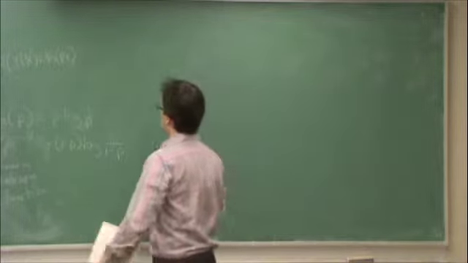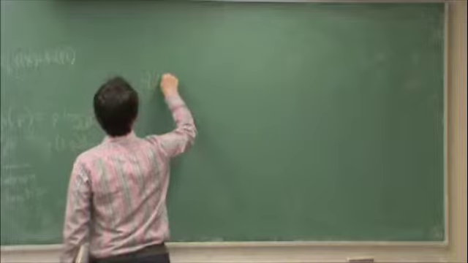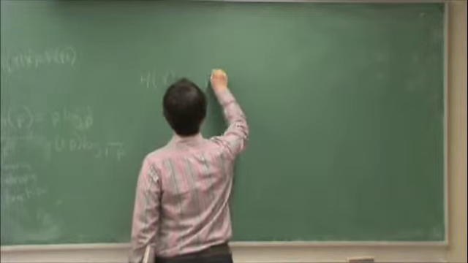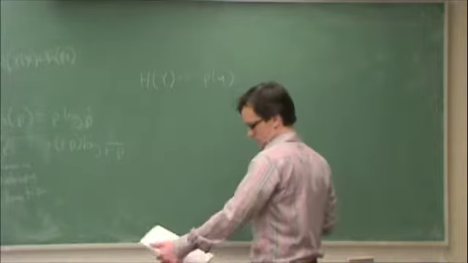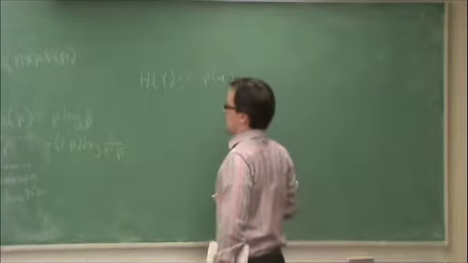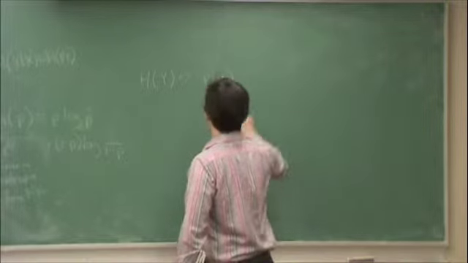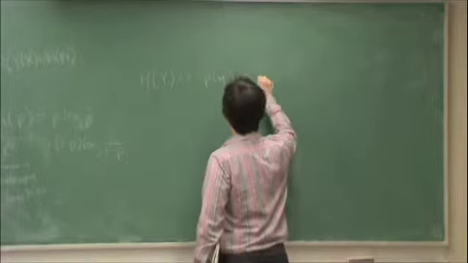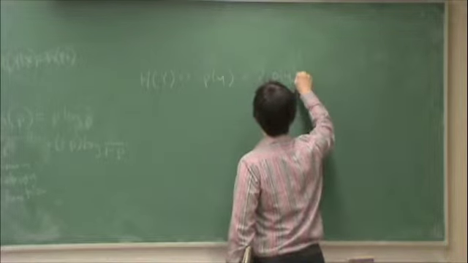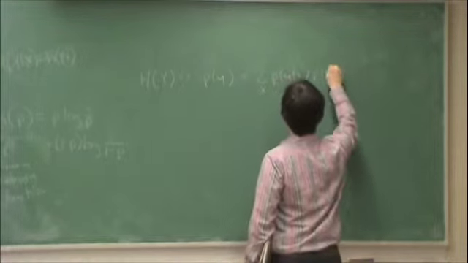So h of y, well, in order to get h of y, I need p of y. P of y is equal to the sum over x of p of y given x times p of x.